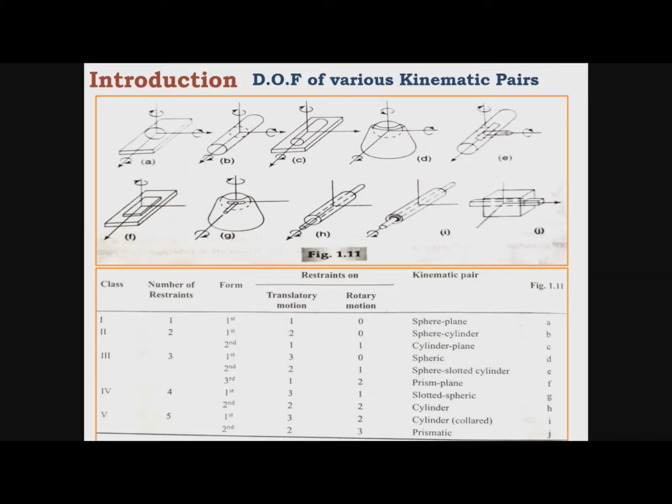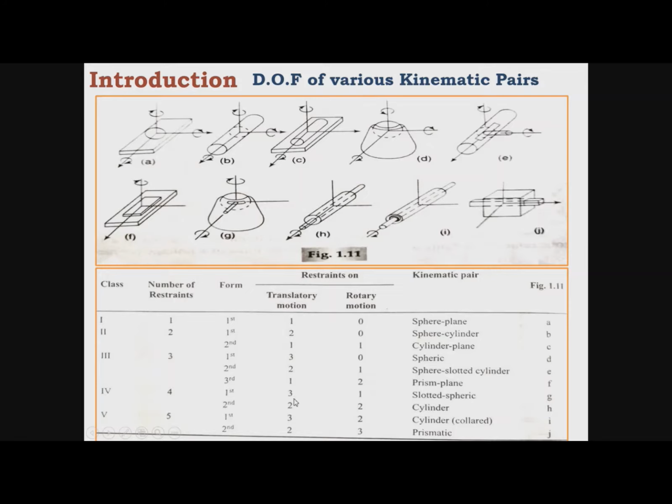Sphere in slotted cylinder, the translatory motion in 2 directions is restricted and one rotary motion is restricted. Prism and plane pair, so one translation and 2 rotation motions are restricted.